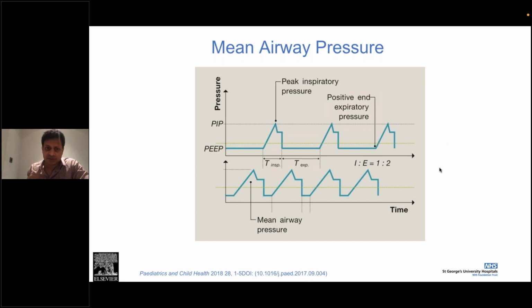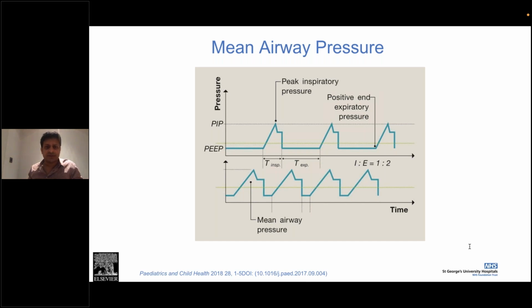So it churns out a number, and the higher the number, the worse. If you've got 14 or 15, this baby is quite compromised and I need to worry about this baby. If it's around 6 or 7, then you're thinking this baby is ready for extubating, and I should think about changing my ventilation strategy because this baby doesn't need to continue ventilating.